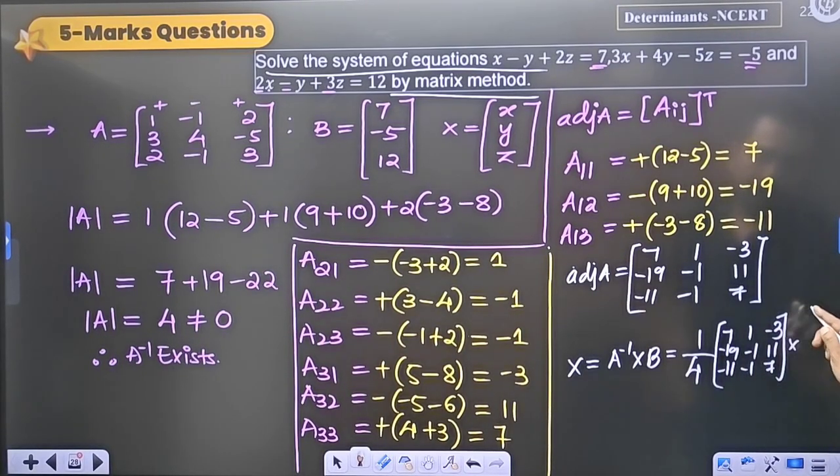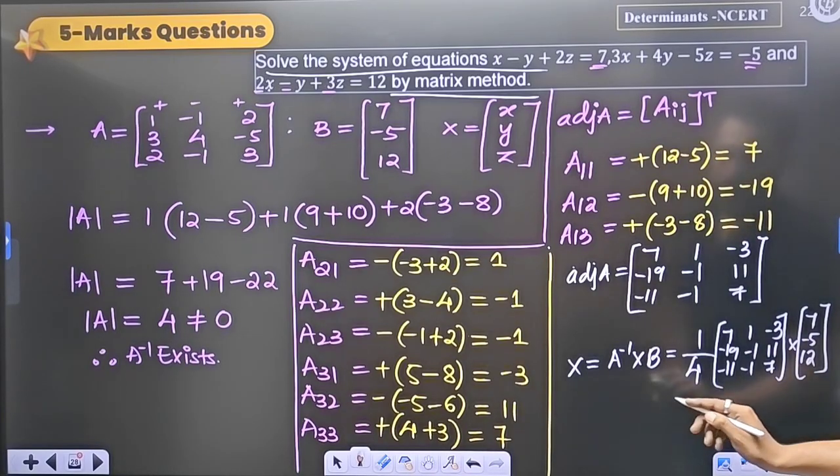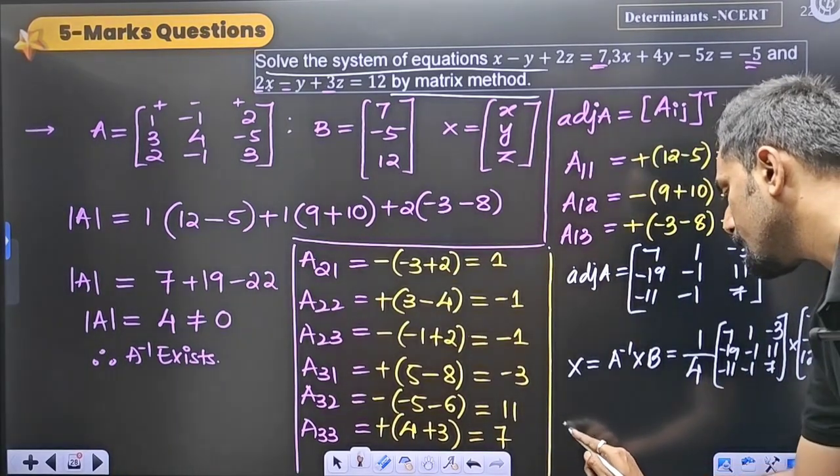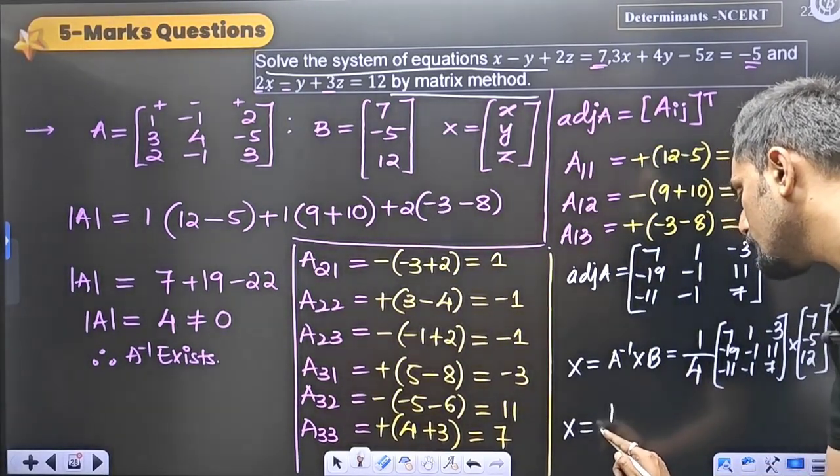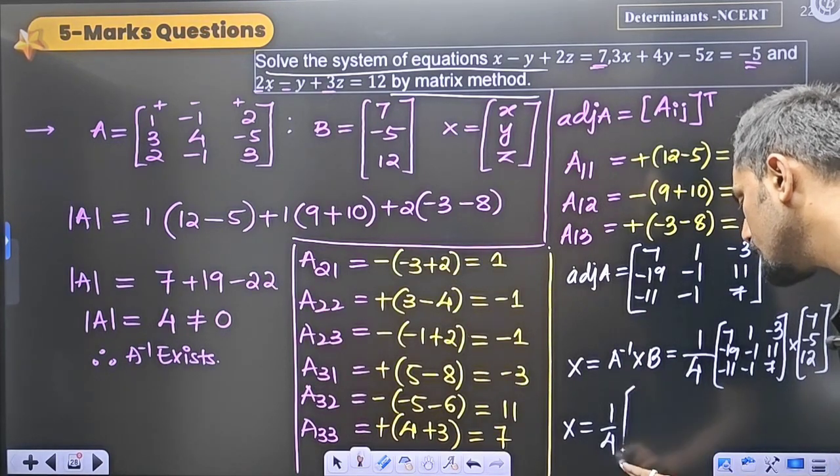Okay, and B will be 7, minus 5, 12. Last step, x equals 1 by 4 as it is.